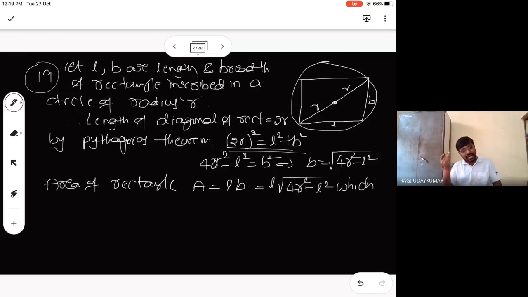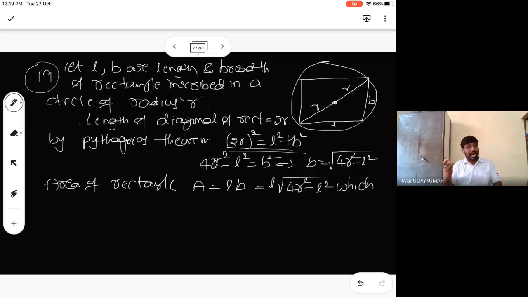For what value of L is this maximum? What L value you will get in terms of r, and if you substitute that L value here, the B value will come, and there you are going to get L and B values both equal.